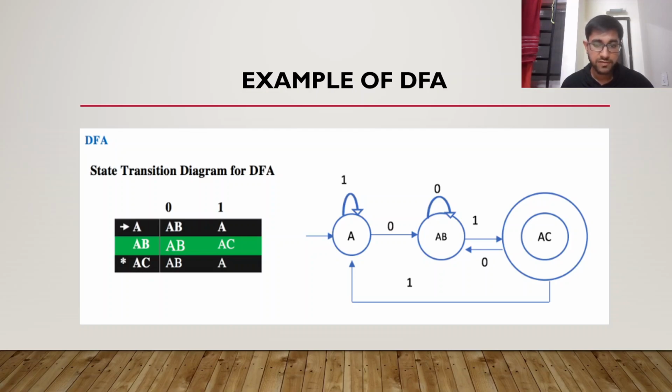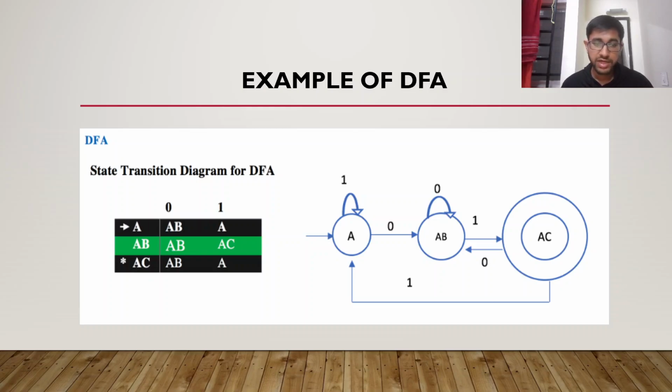When given a transition of 0, it moves to AB. When AB is given an input symbol of 0, it gives a self loop. When given an input symbol of 1, it proceeds towards AC. When AC is given an input symbol of 1, it proceeds towards A, and when given an input symbol of 0, it proceeds back towards AB. Here AC is the final state.